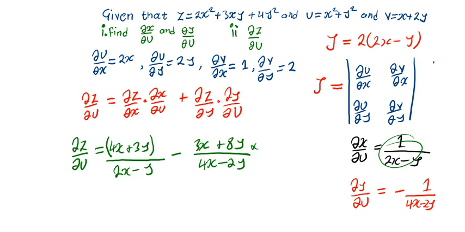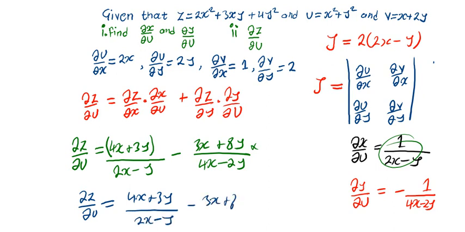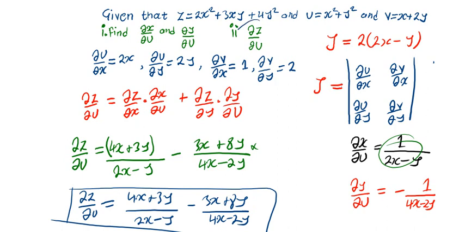Let me just write this properly: partial of z with respect to u is equal to (4x plus 3y) divided by (2x minus y) minus (3x plus 8y) divided by (4x minus 2y), and this is what we get for the second part.